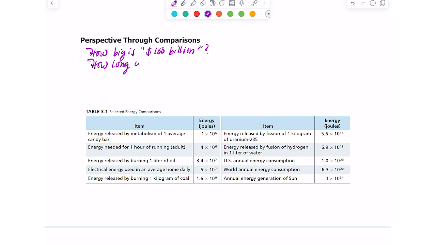So how long would it take you to count $100 billion in $1 bills? How would we figure that out?